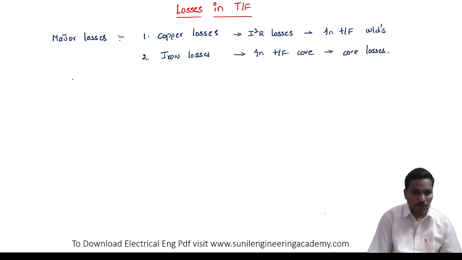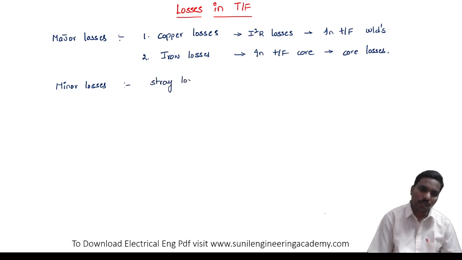We have some minor losses also, but generally we may neglect these minor losses. These minor losses are nothing but stray load losses, that is due to some of the copper parts and iron parts.